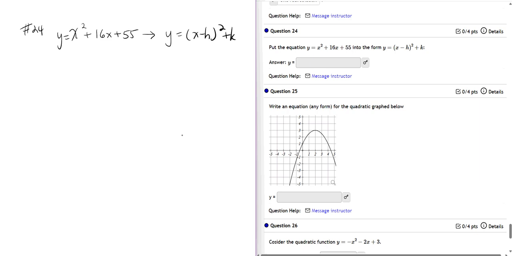So you're really just trying to complete the square. What we do usually is we make sure the lead coefficient is 1, which it is, and then we move the constant out of the way so that we can add in a new constant that'll make this a perfect square trinomial. And that is always half of the middle term's coefficient squared.